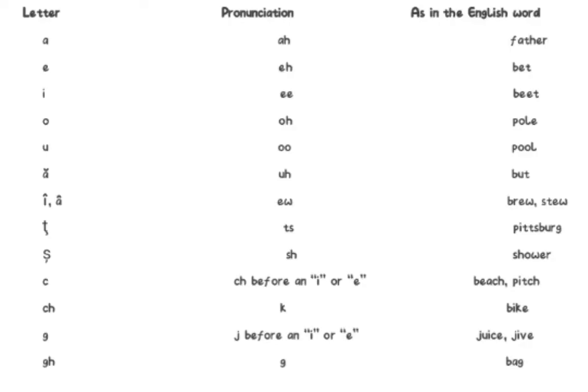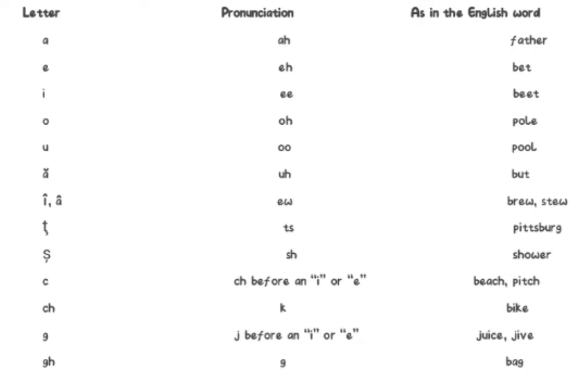And now, let's move on to some letters and their pronunciations and their transcription in English words. The letter A, pronounced as A in father. The letter E, pronounced as E in bet. The letter I, pronounced as E as in beat.